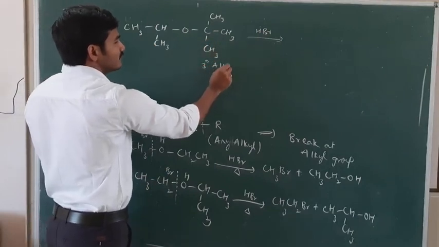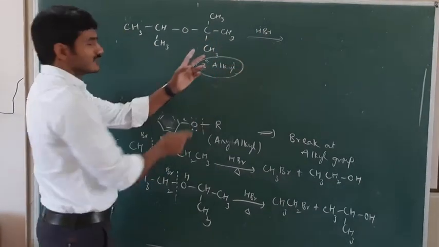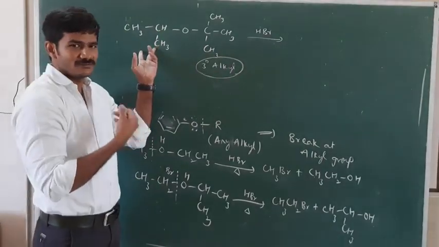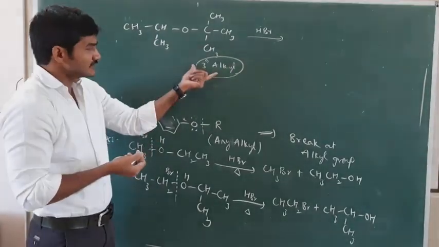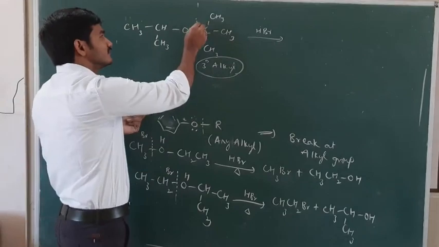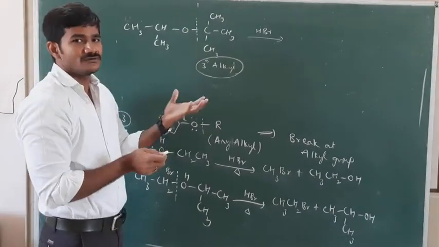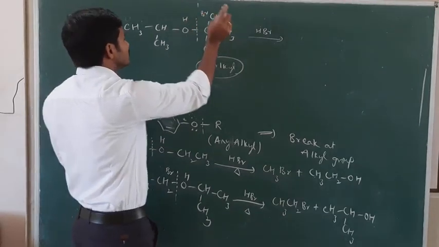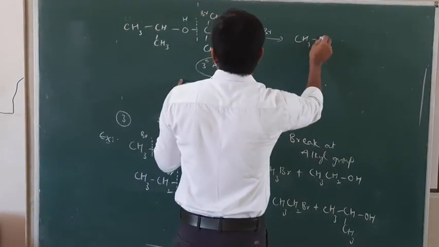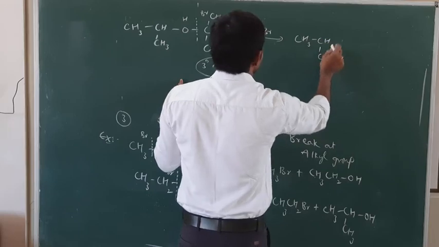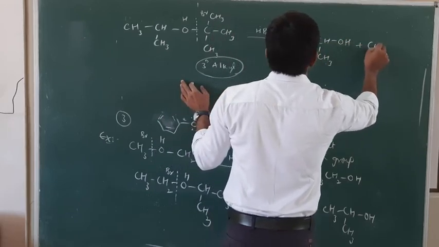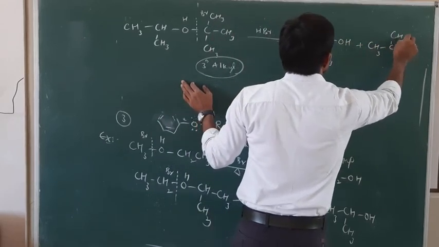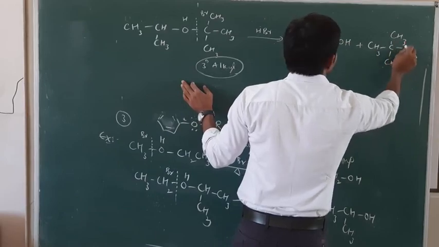I told you the second point: if tertiary alkyl groups are there, the other group may be anything, simple or some other bulky group, you always break at tertiary because they follow the SN1 mechanism. Here we add H, here Br. The product is CH3CHCH3OH plus CH3C(CH3)CH3Br.